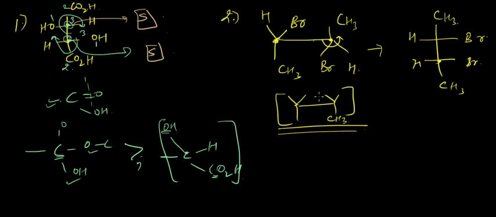So this would be something like H and Br, and for this one it is fixed: H, Br and CH3. Now you need to calculate the R and S for this compound. You can easily calculate: this is the first priority, this is the second priority, so this would be something like S, but H is on the horizontal line, hence this would be R.